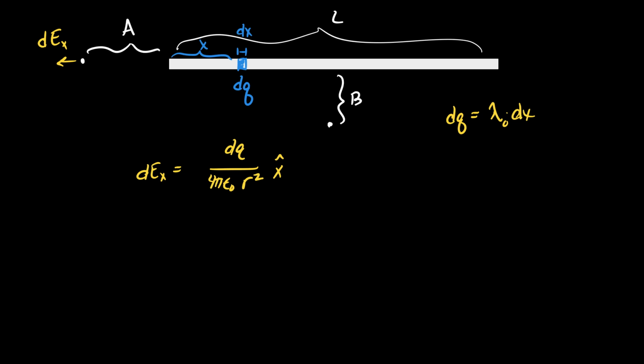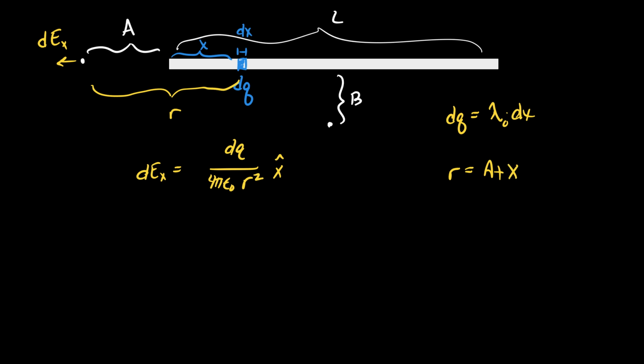So I'm going to sub in something for dq, but I also have to sub in something for r. This is r. If I want to point to that first piece of the bar, or that particular piece, it's going to be a plus x.